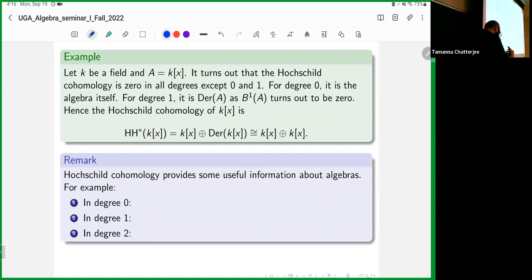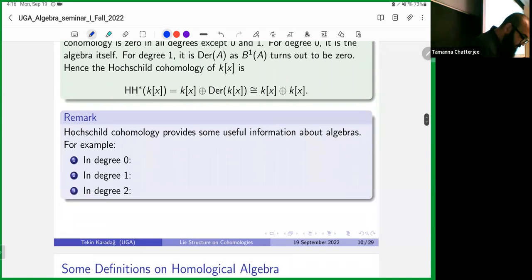And in general, Hochschild cohomology gives some useful information about the algebra. Especially in low degrees, we know the meanings of Hochschild cohomology. For example, in degree 0, we know that we have the center of the algebra.